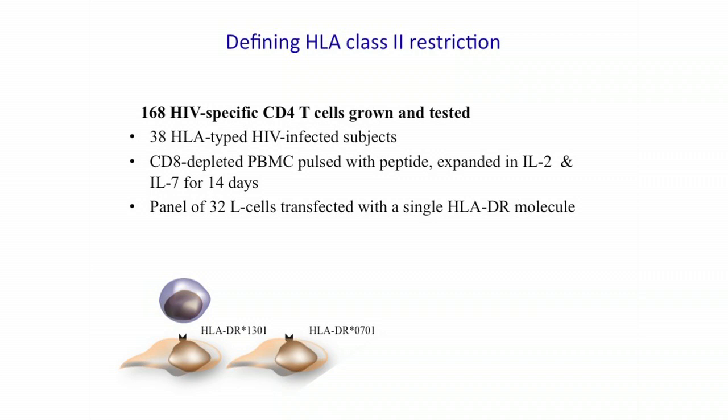Because there's such sequence variability, we had to use this method, since one peptide can be presented by multiple different DRs, just because of this high level of promiscuity. So we generated a panel of 32 different L cells together with Alessandro Sette and asked basically for the restriction of the HLA class II responses.